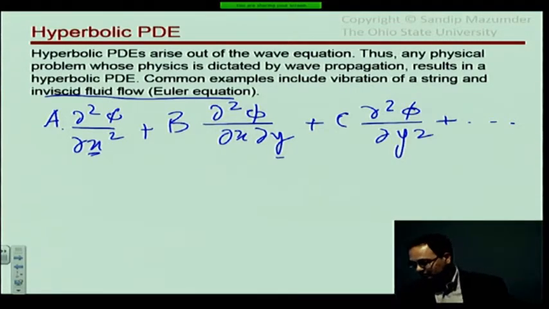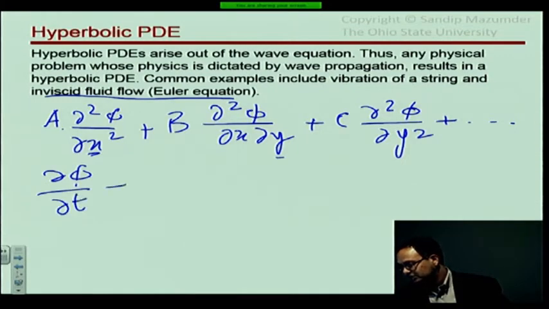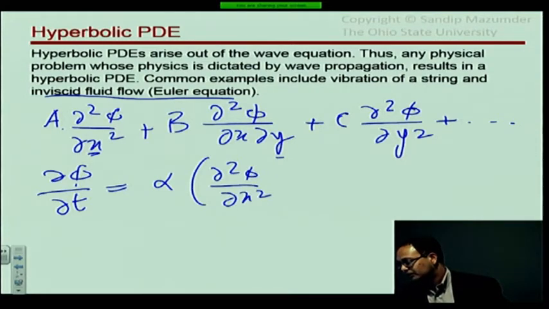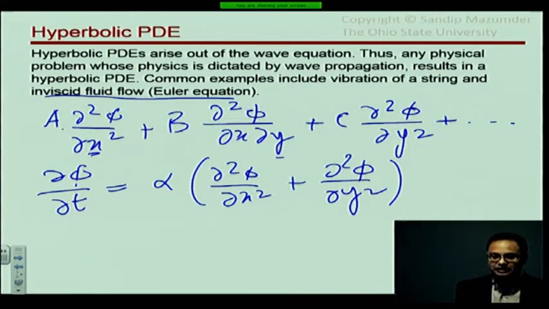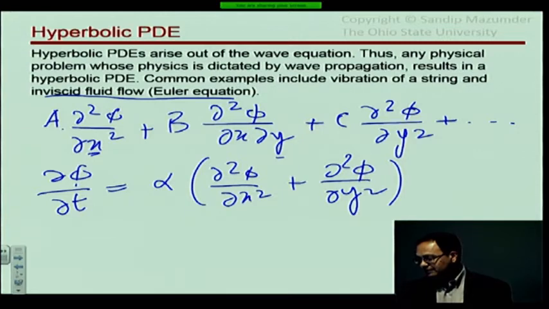For example, consider the equation d phi dt equals alpha d square phi dx square plus alpha d square phi dy square. This is the parabolic heat conduction equation that we've been talking about. This equation is actually elliptic in space because of this operator here.